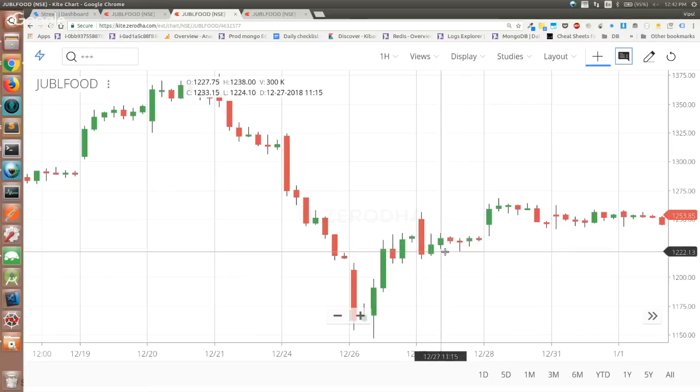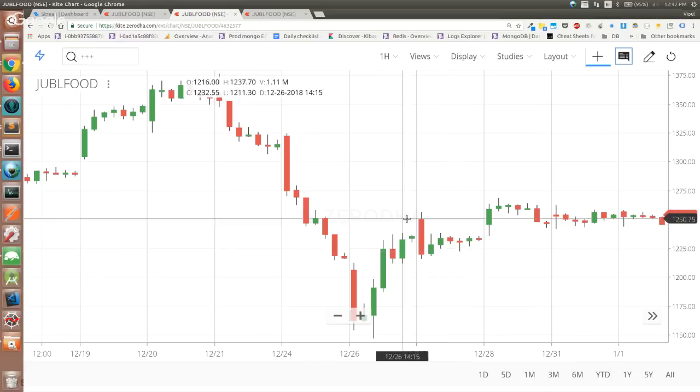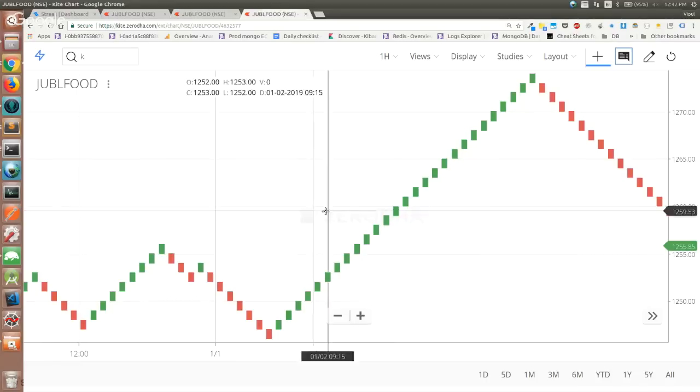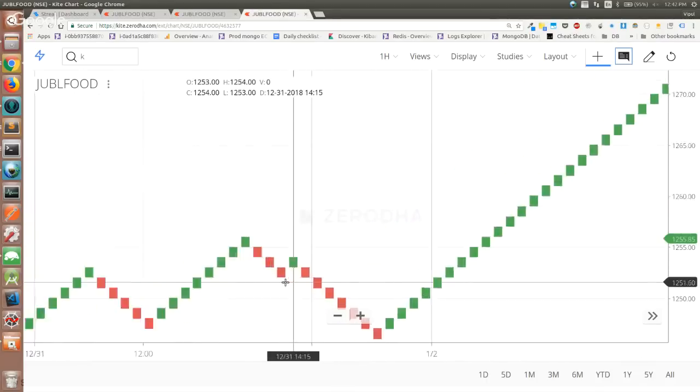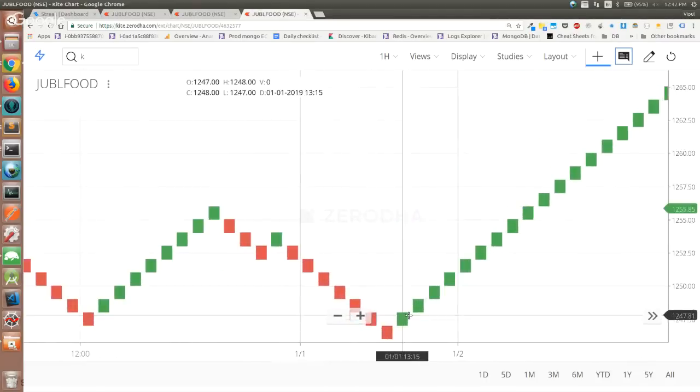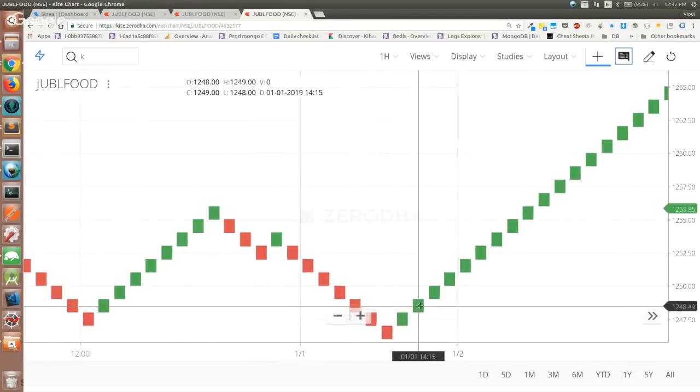It captures the price trend movement either in the upward direction, which is the bullish direction, or the downward direction, which is the bearish direction, at a glance, right? So that's the point the Renko is trying to show, that no matter how many times the stock would have moved up or down, the Renko bar will only form once the brick size amount of movement has happened in the upward direction, right?